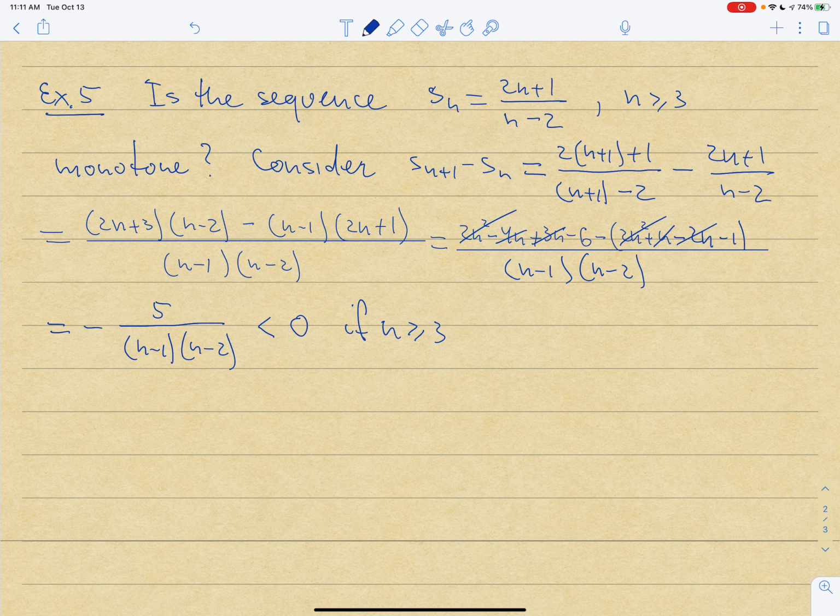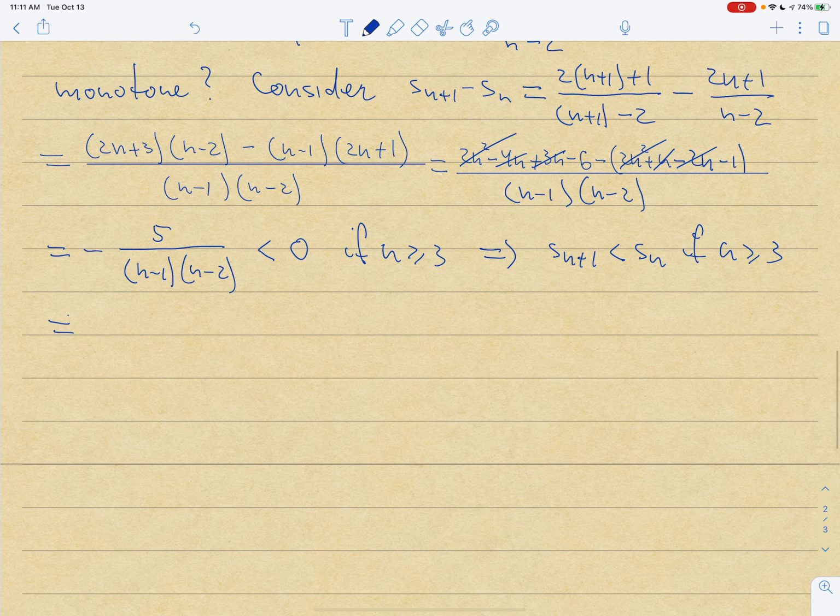So if the difference of Sn+1 and Sn is less than 0, then we conclude that Sn+1 is less than Sn if n is greater or equal than 3. And so the sequence that I'm considering is going to be decreasing, according to the definition of a decreasing sequence.